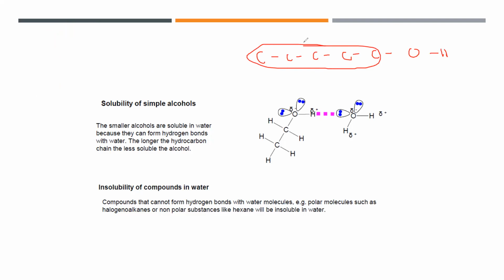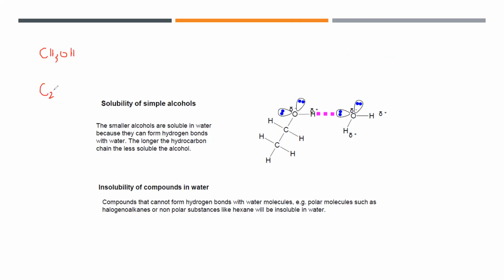So you can see the smaller alcohols can form a hydrogen bond, so they dissolve. But the longer alcohols, with the hydrocarbon chain, are less soluble. They need dipole induced dipole force, but they have weak hydrogen bonds, which makes them less soluble.